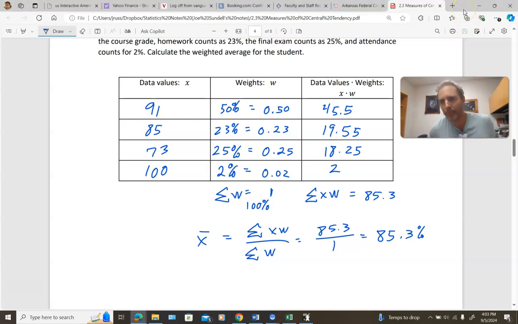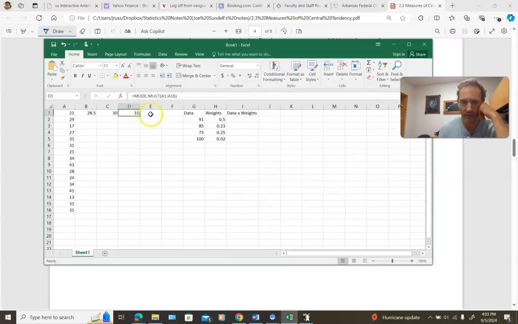Okay. So these, if you want to do by hand, they're not all that bad. Now, I do want to show you how to do this in Excel, or one way to do it anyway. So I've got the data. My X's are right here. My weights are right here. And what I'm going to do in this third column is multiply these, just like I did in that table before. So the way you can do this is come to this cell right here.